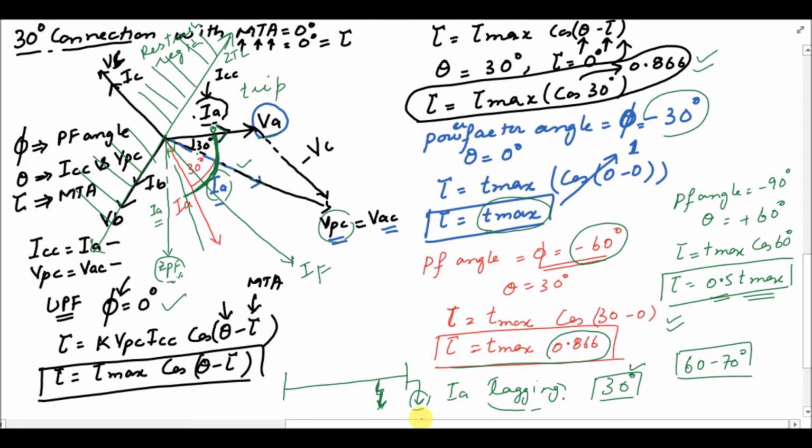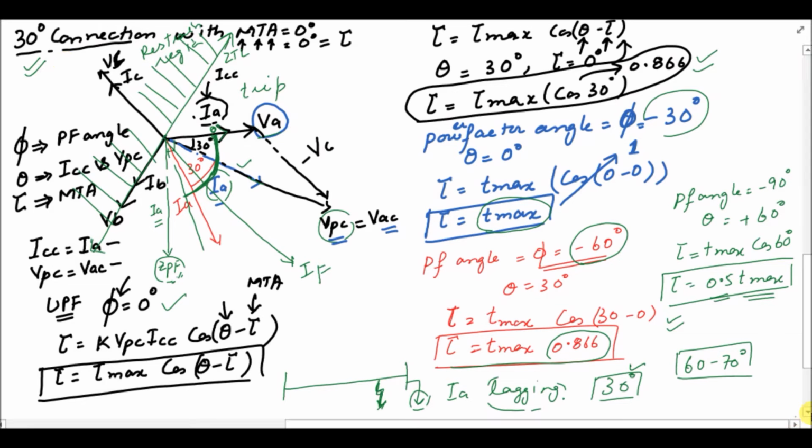So all the feeders which have load at its end have a 30 degree connection of the directional relay. So this was the first example of one of the connection that are being used in the directional relay, and that is used for the normally loaded distribution line, for example.